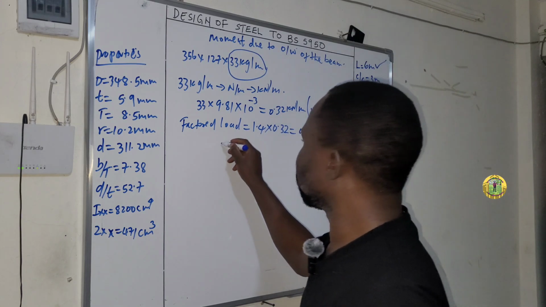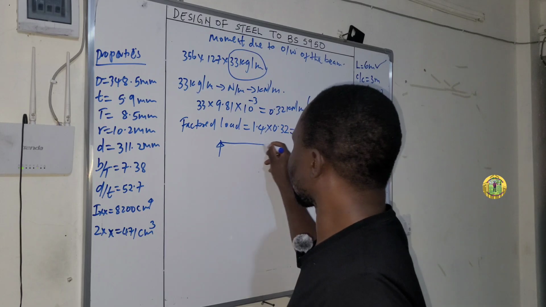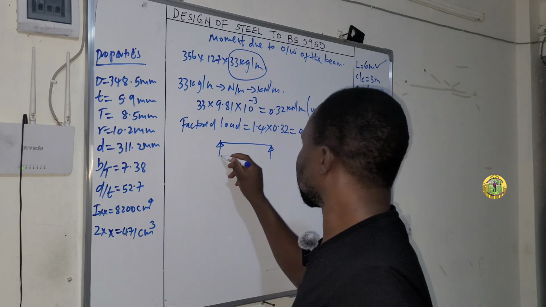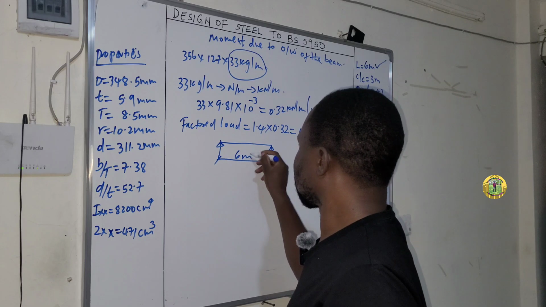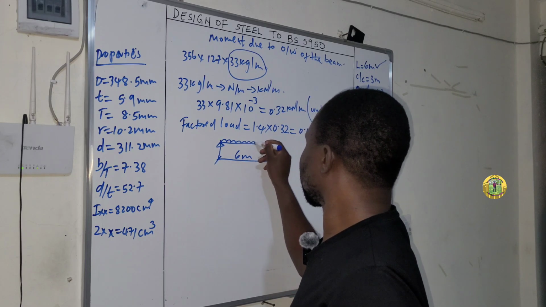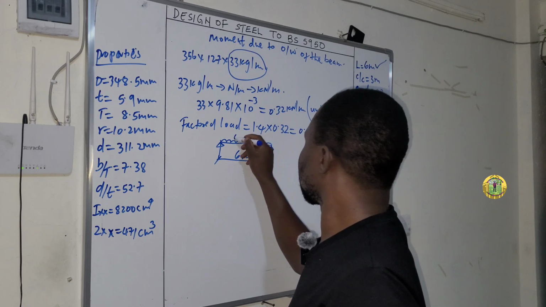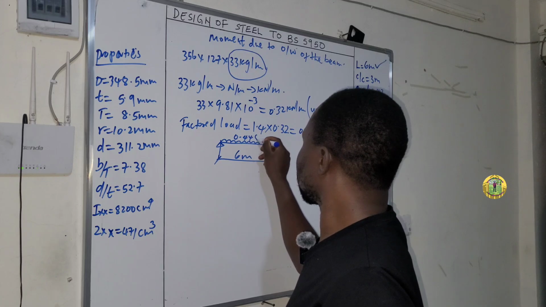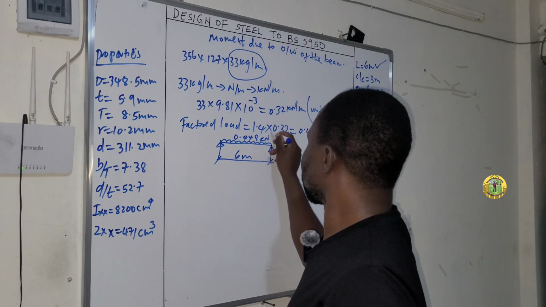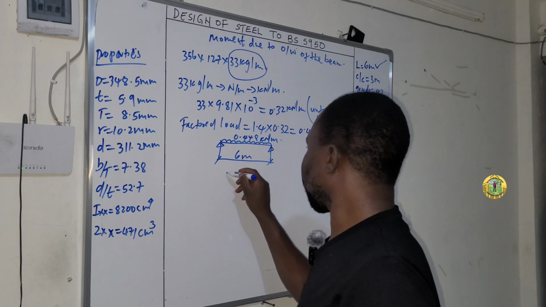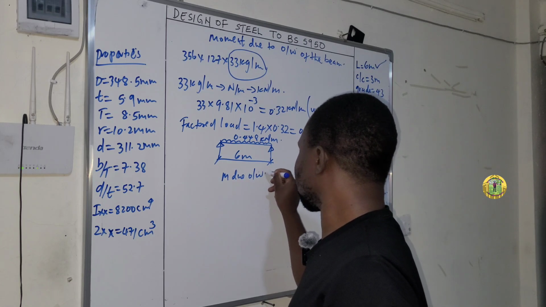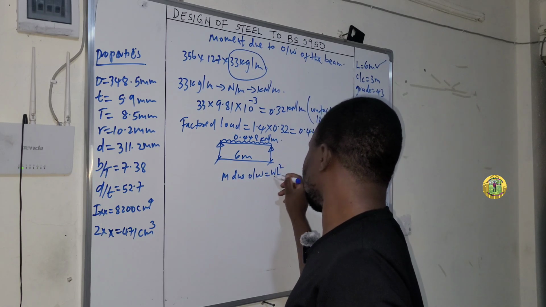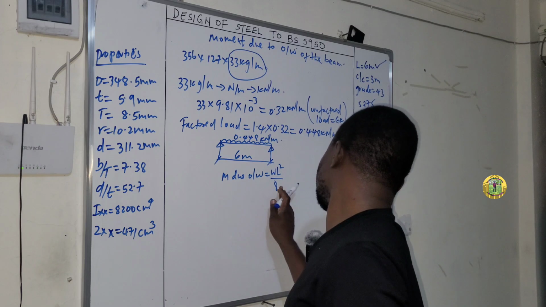So if this is our beam spanning at 6 meters, then this will be 0.448 kilonewton per meter. So M due to own weight is equal to WL square over 8.